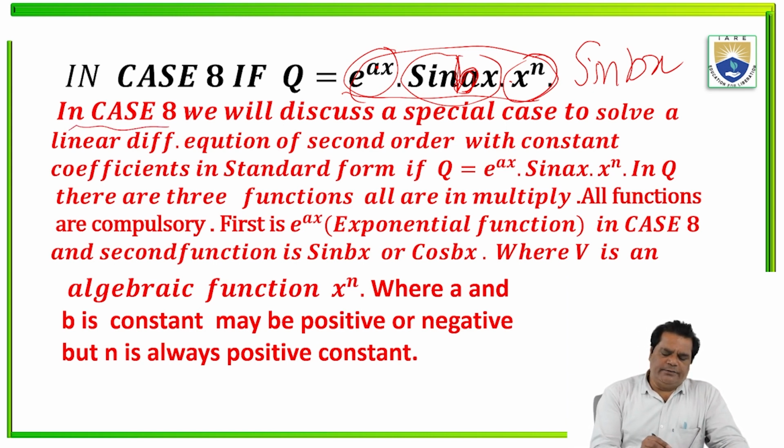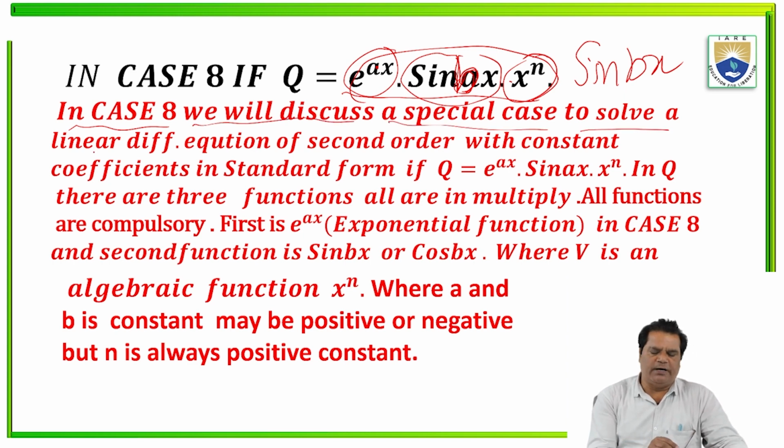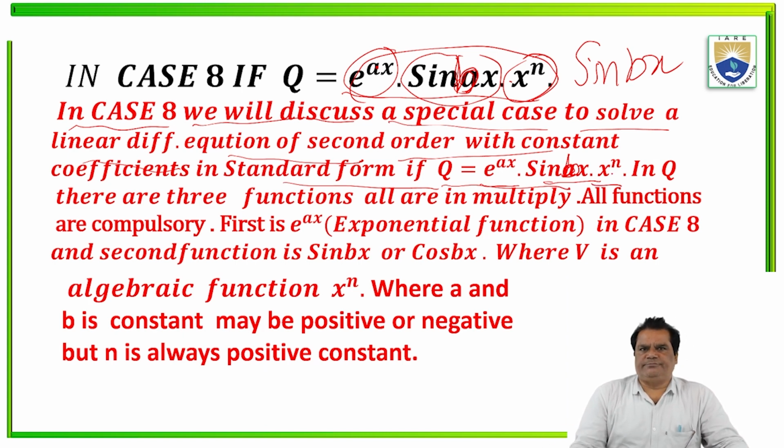In case 8, we will discuss a special case to solve a linear differential equation of second order with constant coefficient in standard form. What is the standard form of Q? Q is e to the power ax, sin bx, and x to the power n.